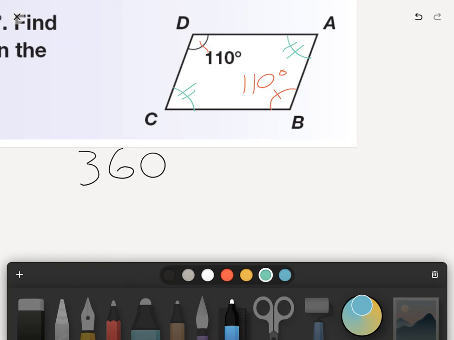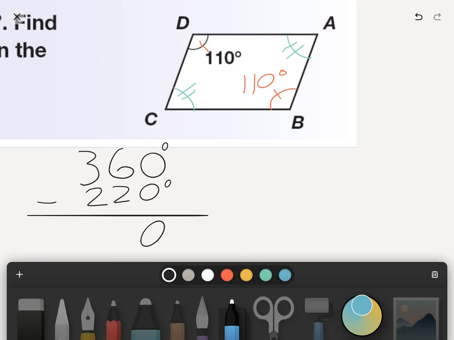So we also know that these angles have to be the same. As our friend back there mentioned, the first thing we can do is add these two together to figure out what's left on these corners. So that would be 220 degrees. And we would subtract this to figure out what's left over.